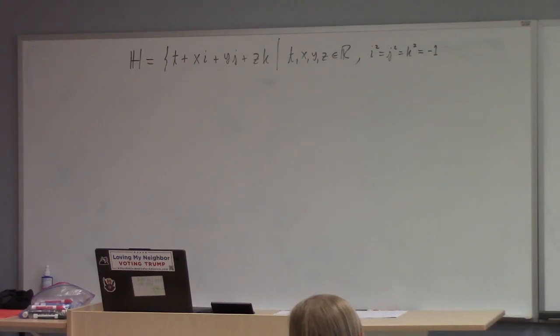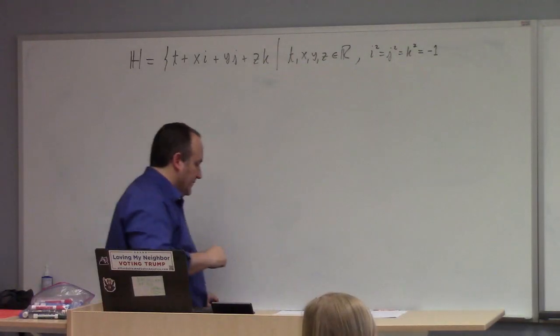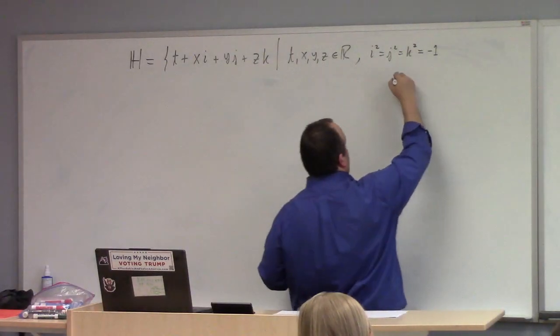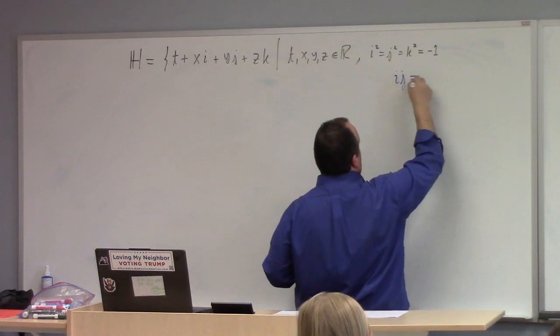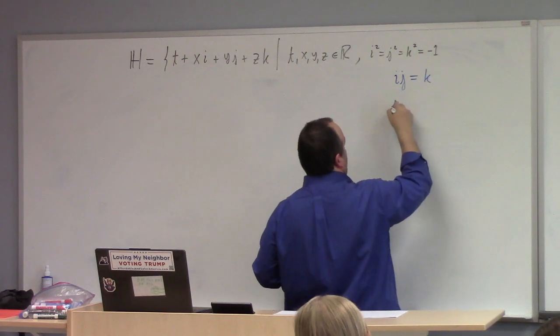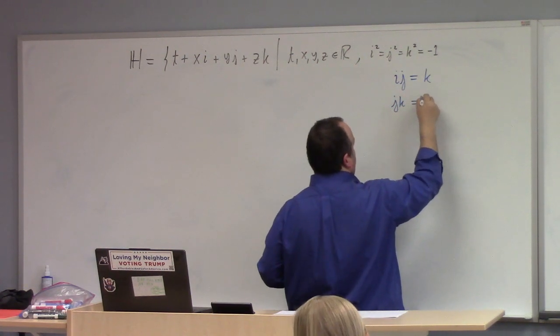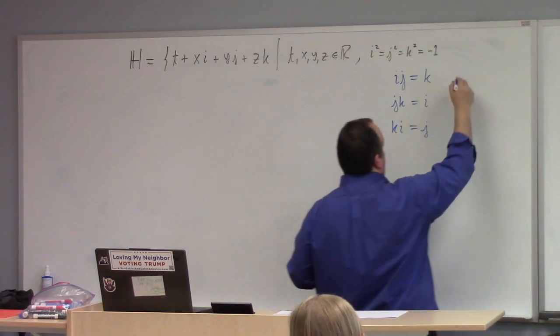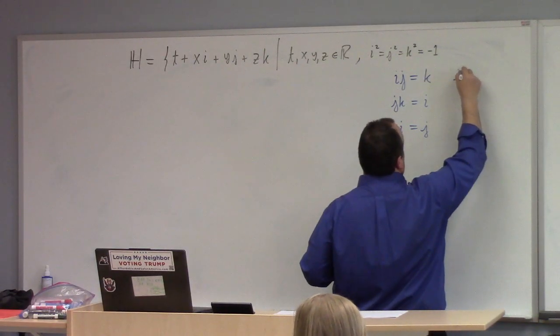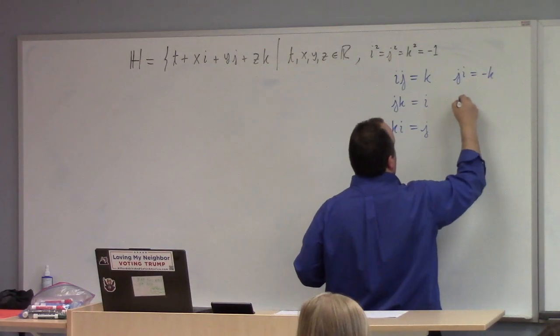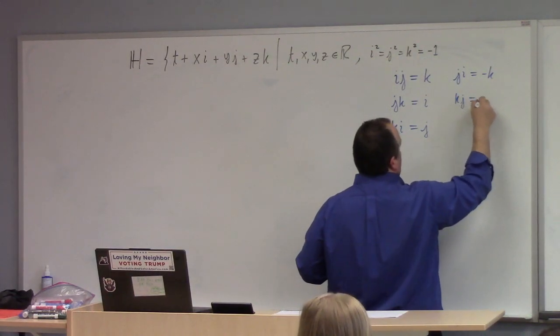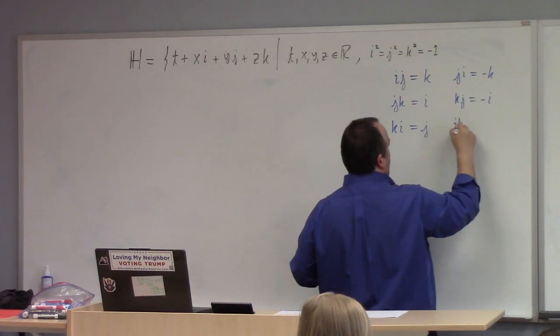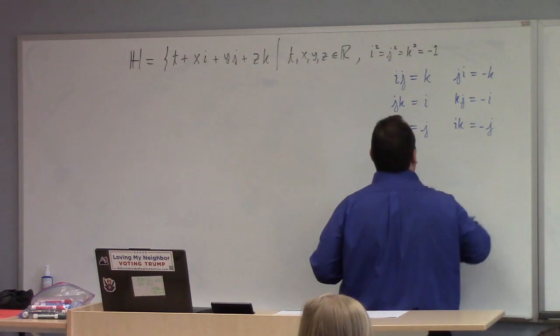You see, i, j, and k satisfy certain multiplication rules. i times j is equal to k. j times k is equal to i. k times i is equal to j. And by the way, j times i is minus k, and k times j is minus i, and i times k is equal to minus j.